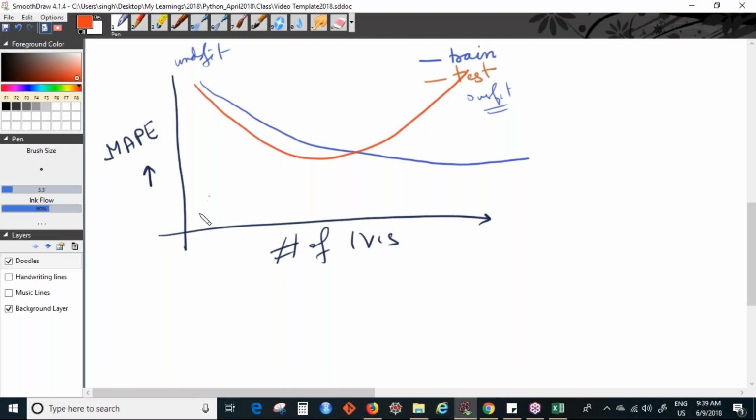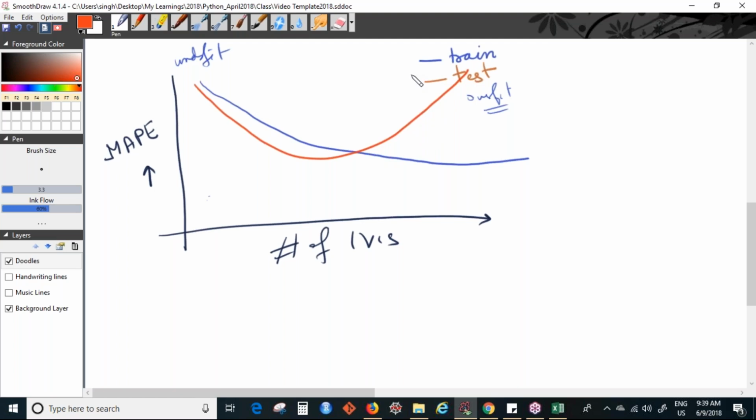It's a very simple model, so the error will be high. As you go on adding variables, the error will become smaller and smaller. And after some point, the model will start to overfit. And for the test data, overfitting is a problem. So if you go on adding more independent variables, the error will start to rise again. The error will increase again, and it will look like this.